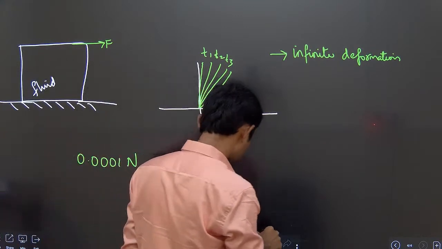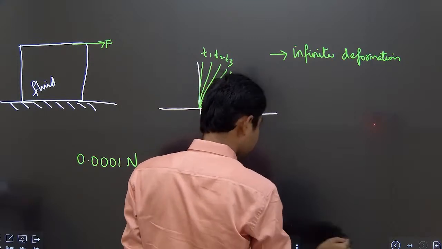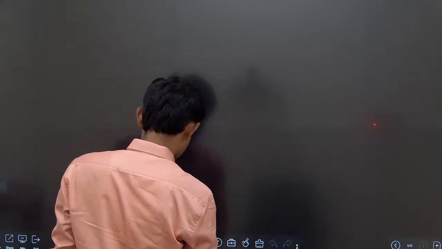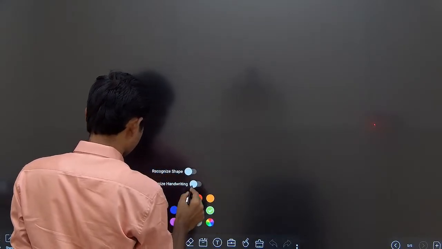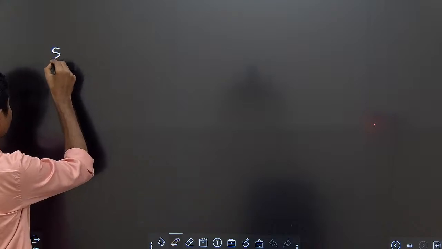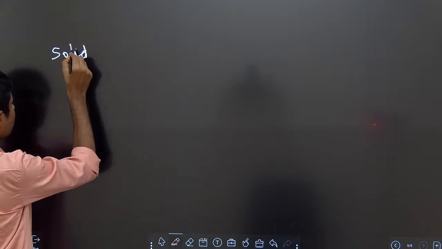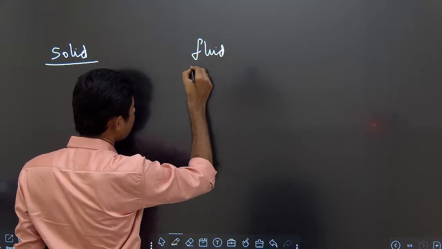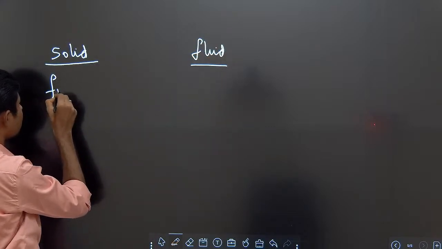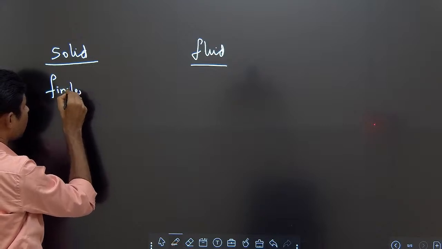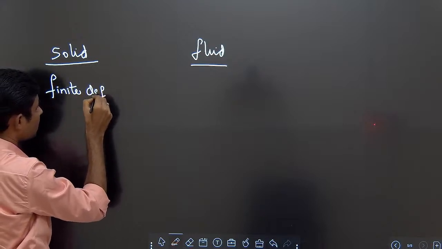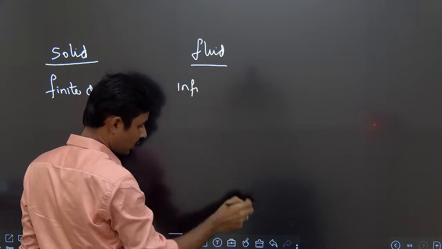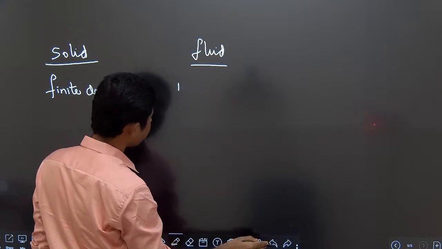So we can conclude the difference between solid and fluid. Solid has finite deformation, fluid has continuous deformation.